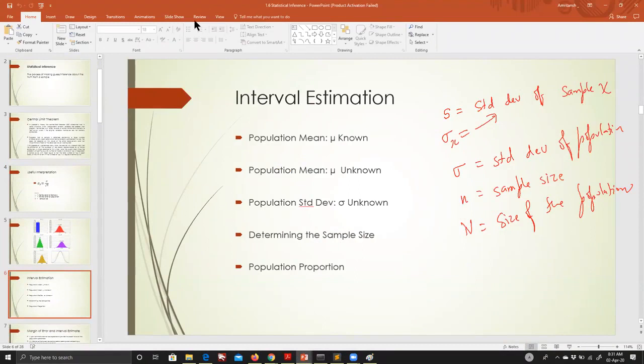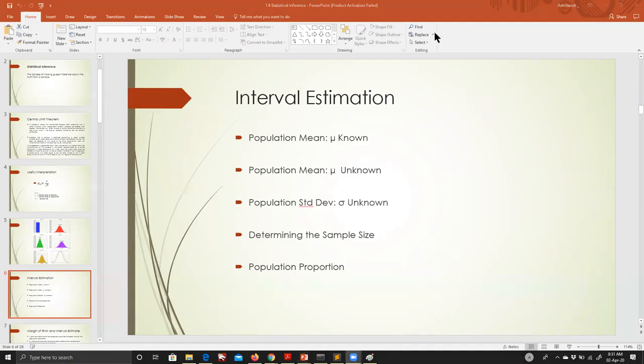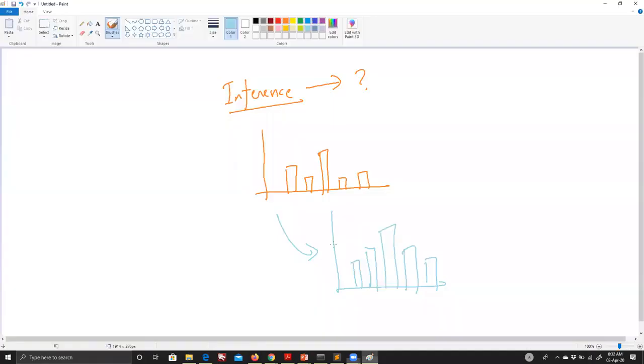Okay, so now we are going to go towards the statistical inference idea. We established the basics of CLT. Now, in interval estimation, what is the interval? Let's first define the interval. What is an interval, guys?